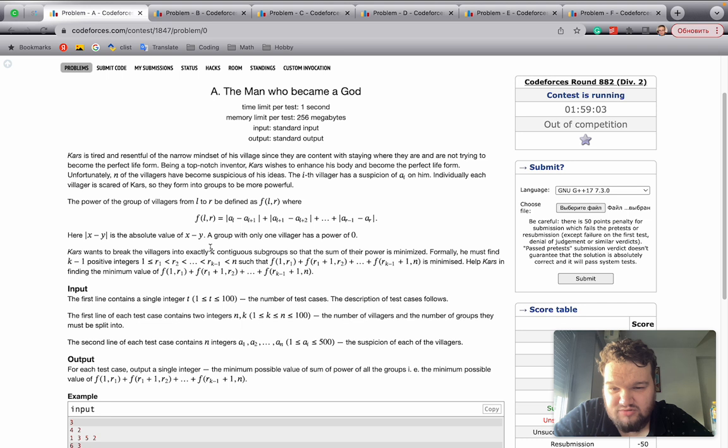We want to split it into k segments so that the sum of those functions from the segments is minimized.